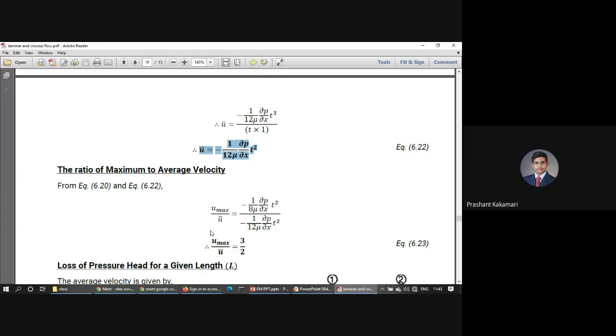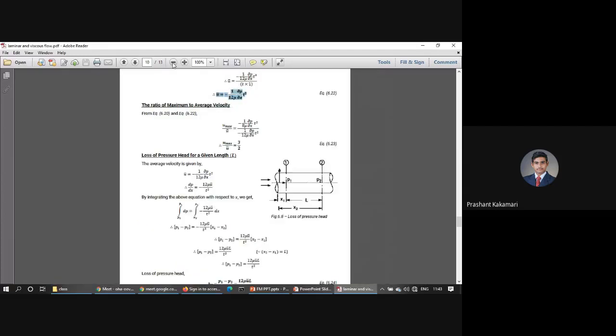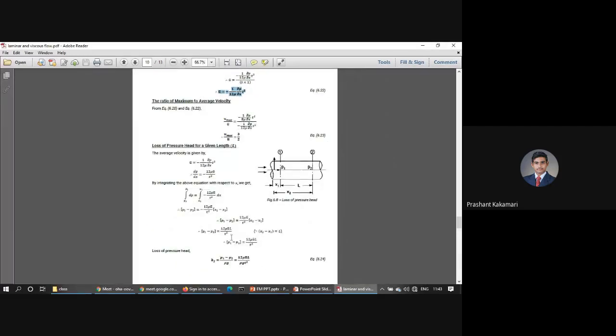Both should become same actually, because if you see, both relations are the same.